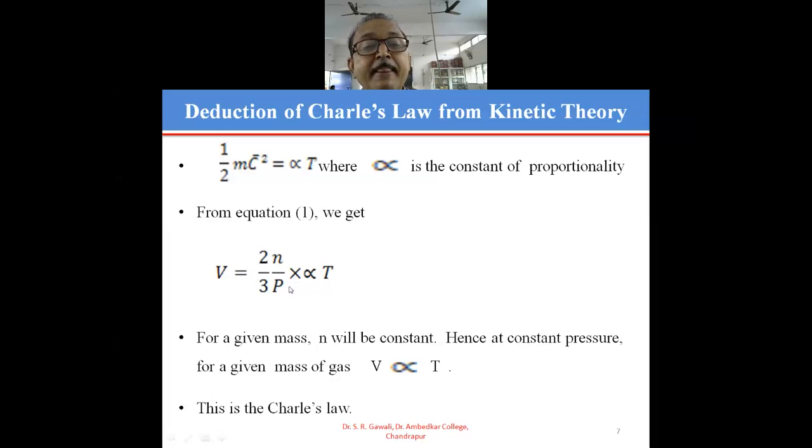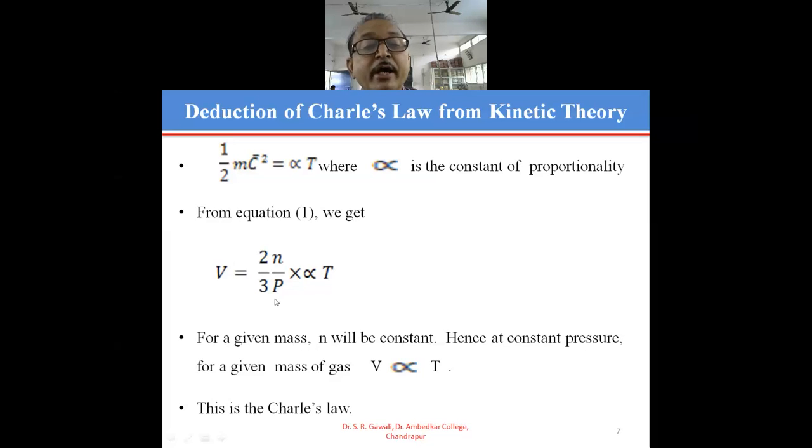Here in this expression n is the number of molecules, so it is a constant. Then alpha is the constant of proportionality, it is also a constant. Only the volume of an ideal gas depends upon the temperature and pressure.